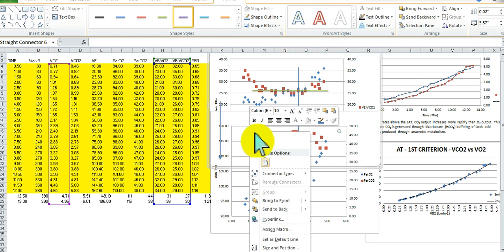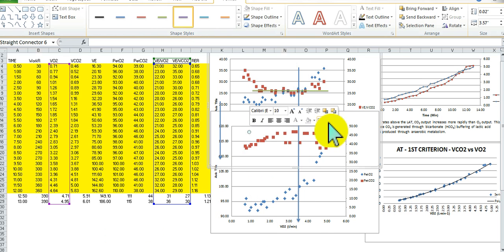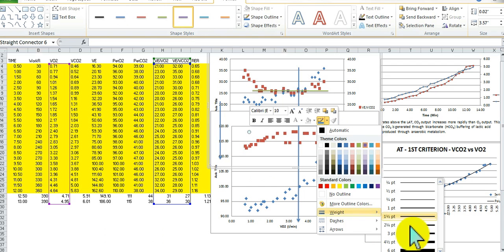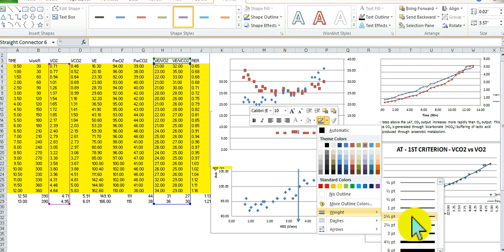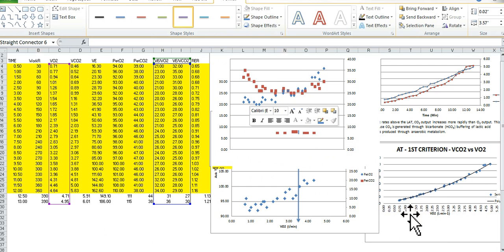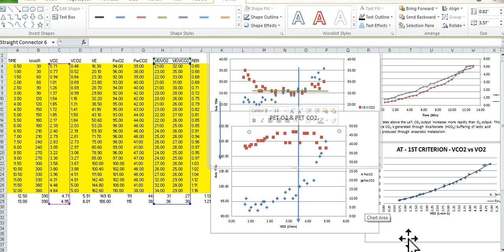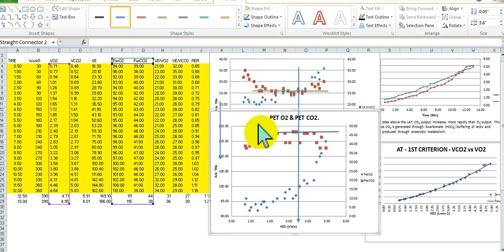And we're going to click on this. Let's look at the weight. Make it a little bit heavier. Alright, there we go. I had a little trouble with the color showing up. So that's about where it levels off just by eyeballing it.